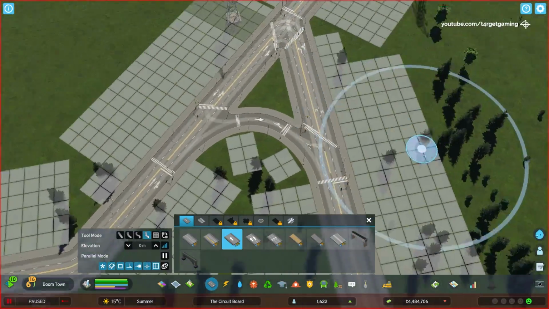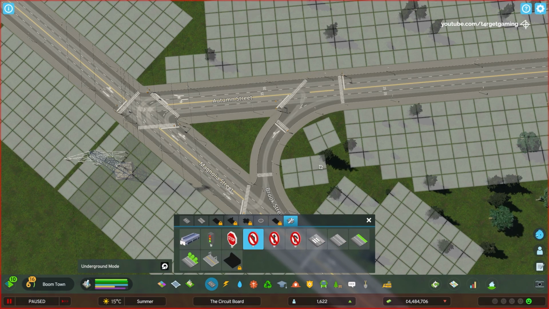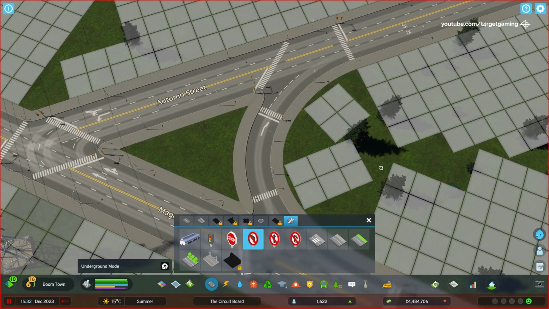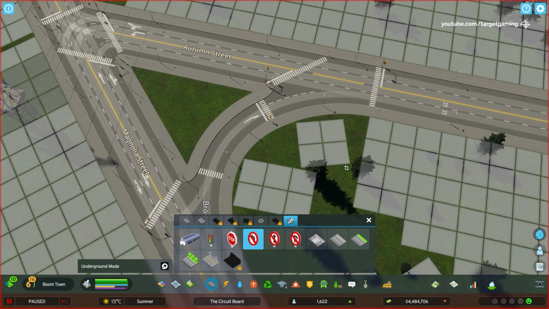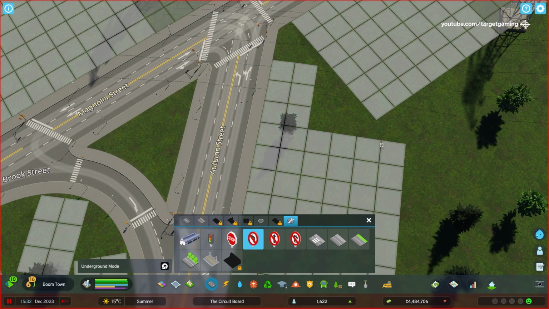What I am going to do, however, is to fix some orientation and establish some traffic rules. So for example, I don't want people turning left here, so I'm just going to disable the left turns at around there. And the same thing, actually we need this one.